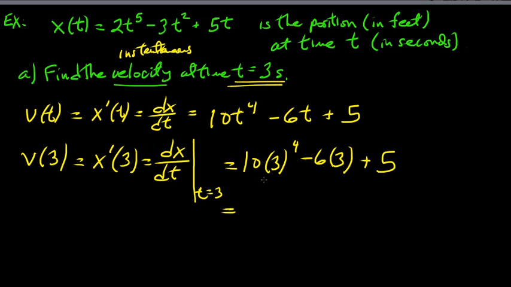Okay, so 3 to the 4th is 81, and 81 times 10 is 810, minus 18 plus 5. So 810 minus 18 is 792. 792 plus 5 is 797 feet per second.